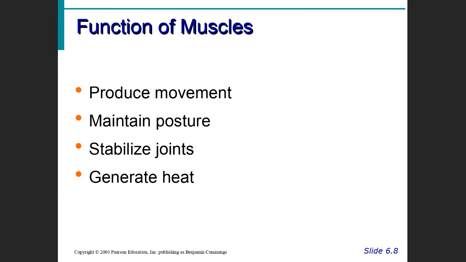But also, when you contract a muscle, you generate heat. That's because in physics, whenever you use some energy, the energy is not really lost. It's just converted to heat, and the heat just leaves the system. So whenever you use ATP to contract a muscle or many muscles, you release the energy from the ATP, the muscle uses it to contract, and then that energy is converted to heat.